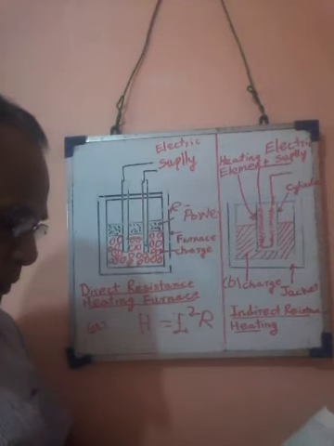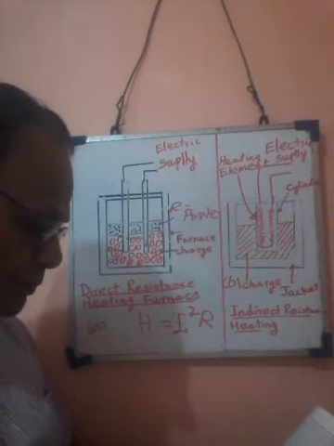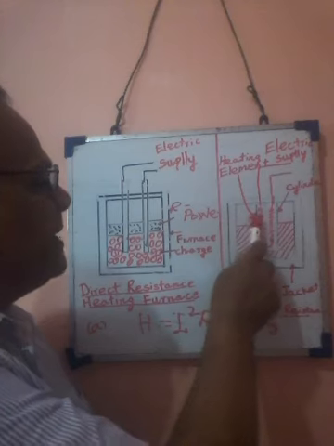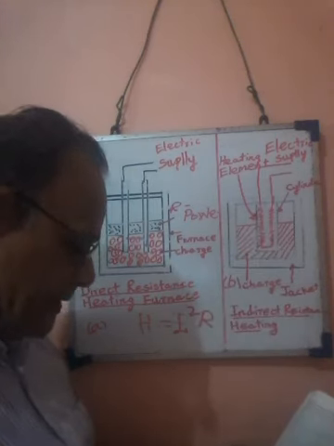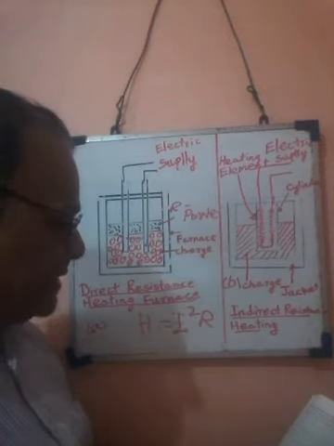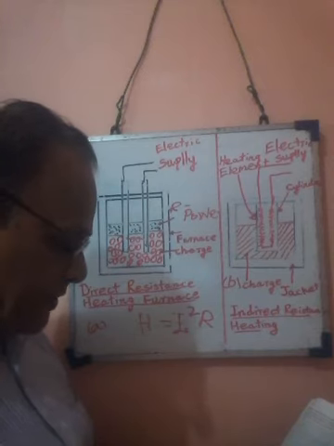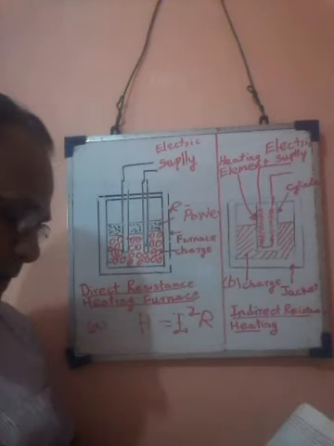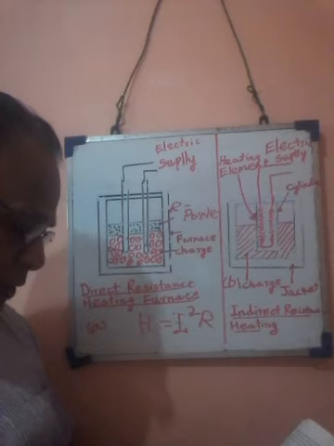Then number four, high oxidizing temperature. This means the melting point is very high. For oxidation, oxygen reaches and attacks the element. The oxidation temperature of the heating element should be high in order to ensure long life.